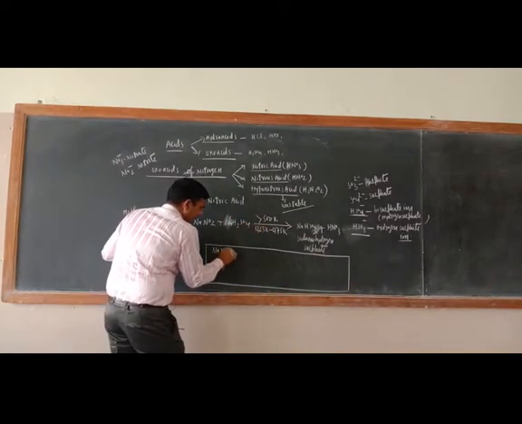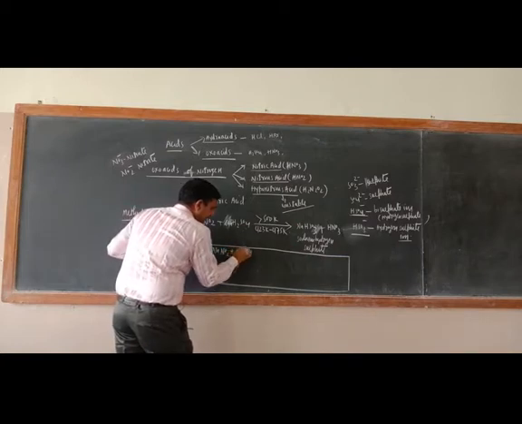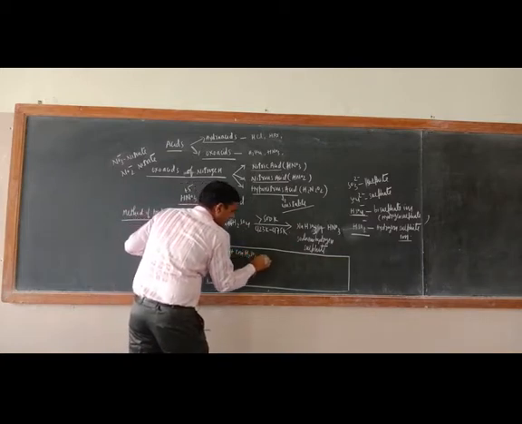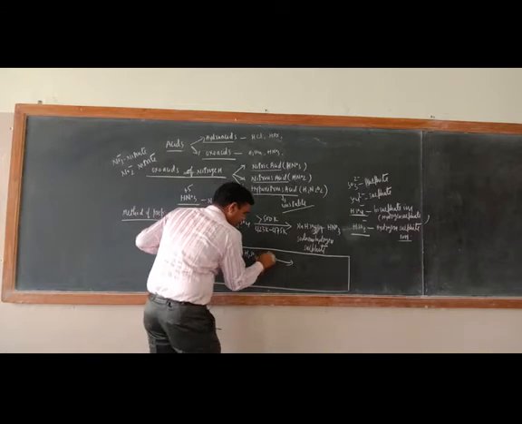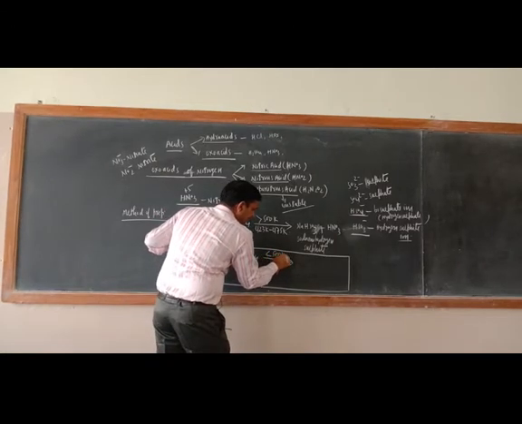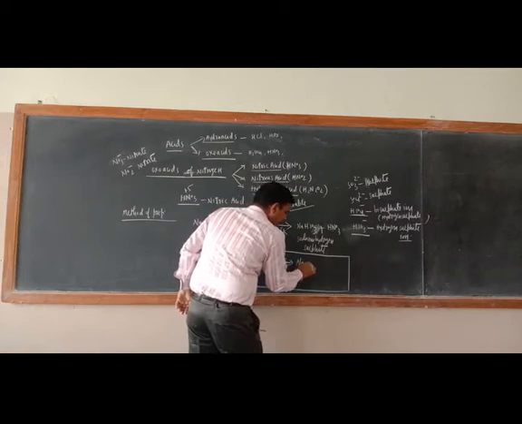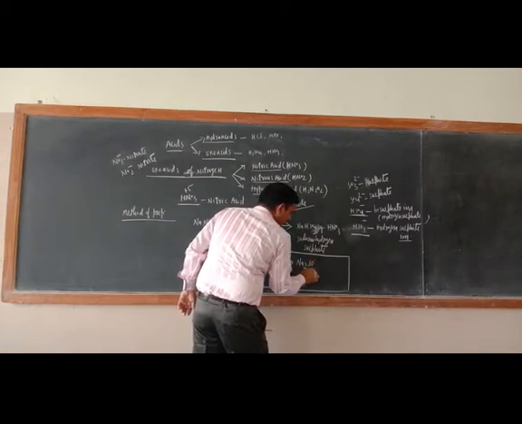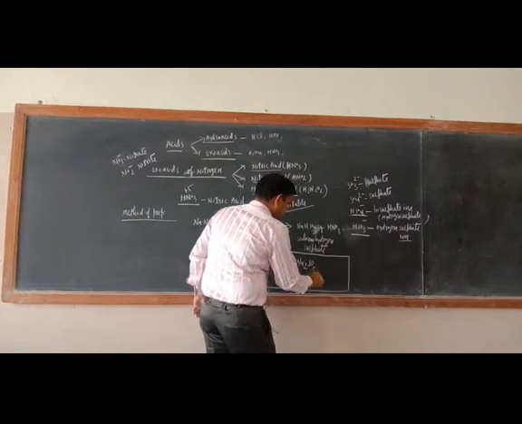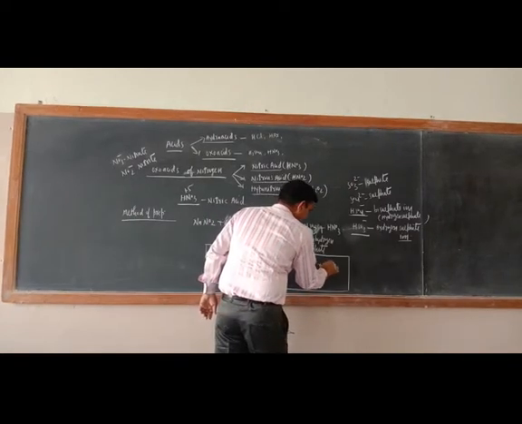NaNO2 plus conc H2SO4. Now suppose the temperature is more than 500 Kelvin. Then here what will be formed? Na2SO3 plus HNO3 is formed.